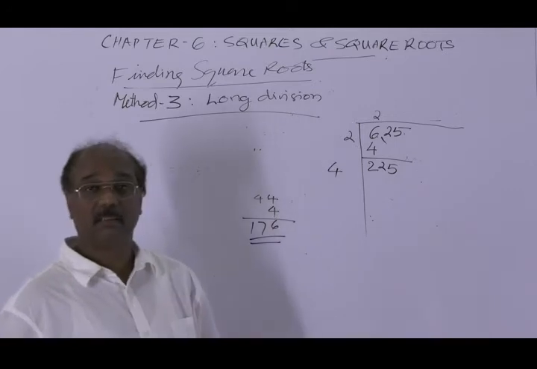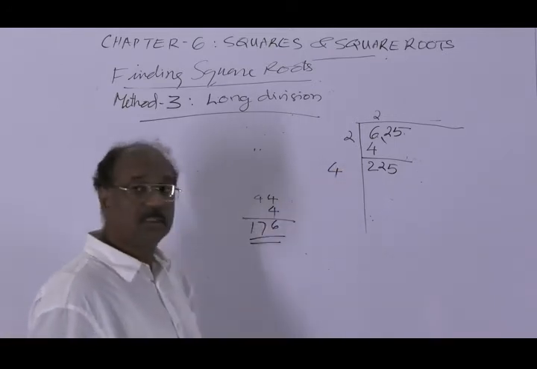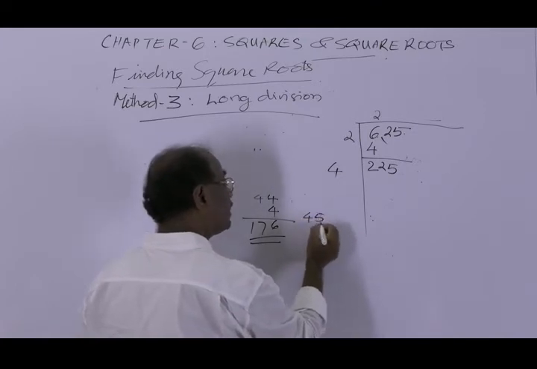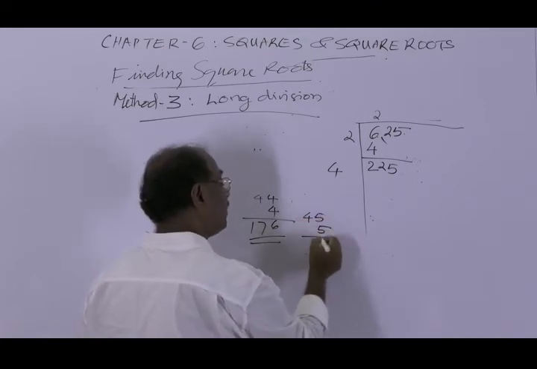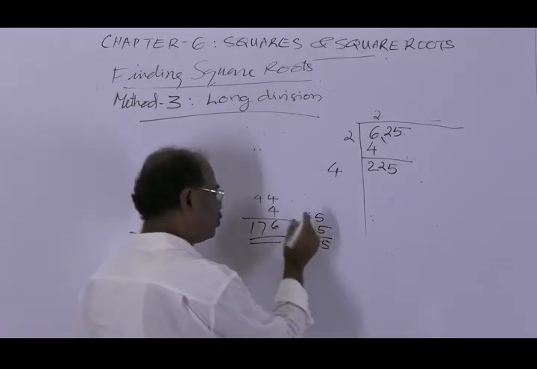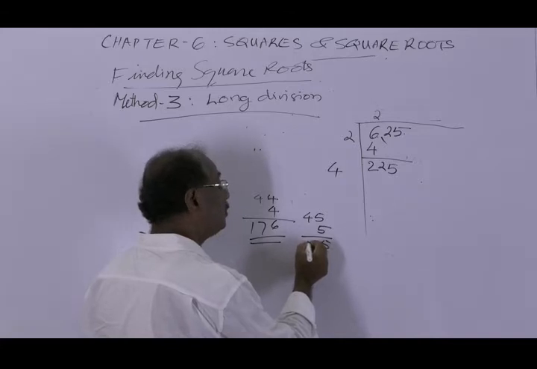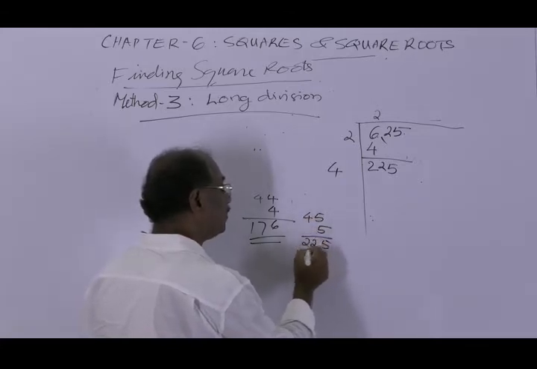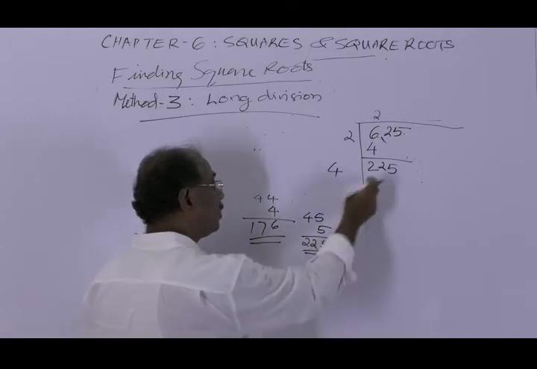Check this. So suppose we put 5 in front of this, 45. Then multiply this 45 with the same 5. 5 into 5, 25, balance 2. 5 into 4, 20, plus 2, 225. So this is less than or equal to this.